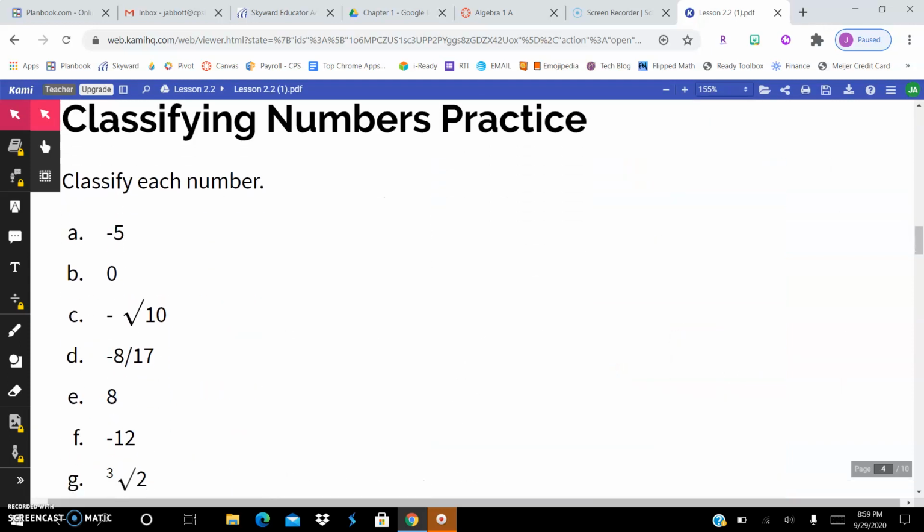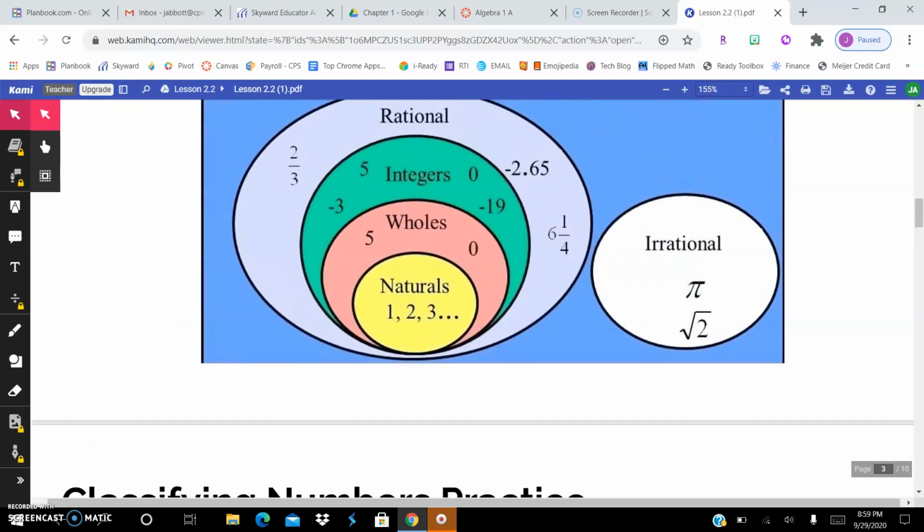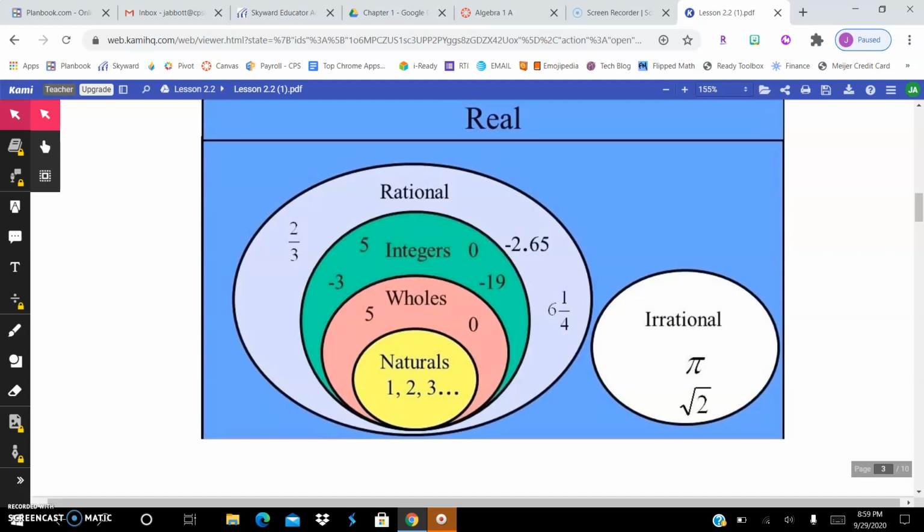So moving on, classifying numbers practice, we have to classify each number. So the first one is a -5. So if I go back here and I look, what's the smallest circle that -5 can fit into? And that would be integers because that's where the negative numbers started. So -5 fits in the integer circle.